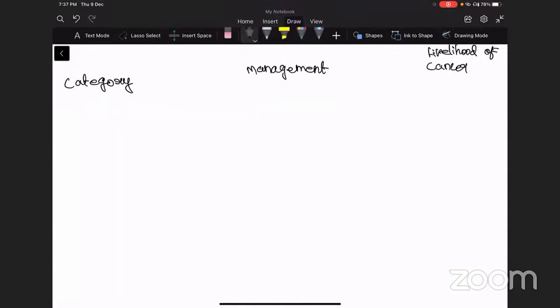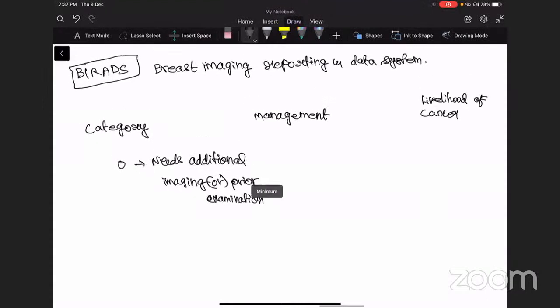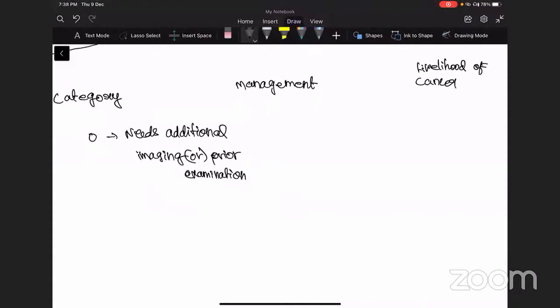Category 0 needs additional imaging or examination. This BIRADS is done for breast cancer.